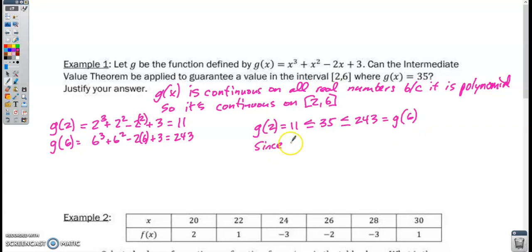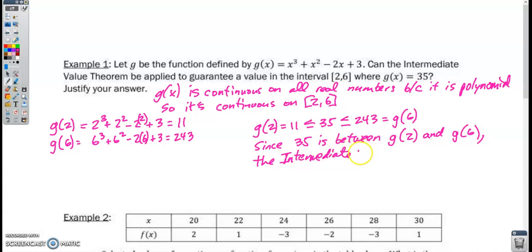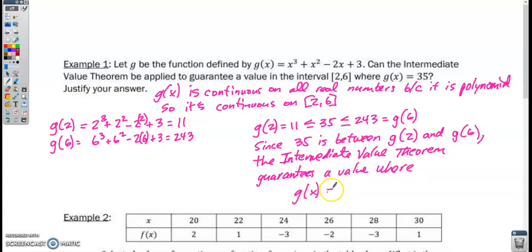So, since 35 is between g of 2 and g of 6, the intermediate value theorem guarantees a value where g of x equals 35.